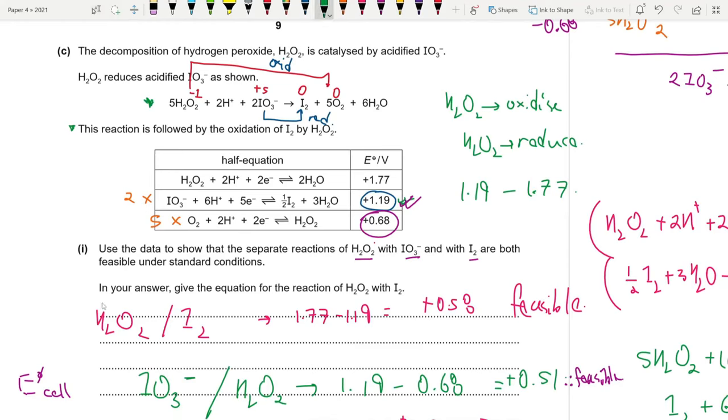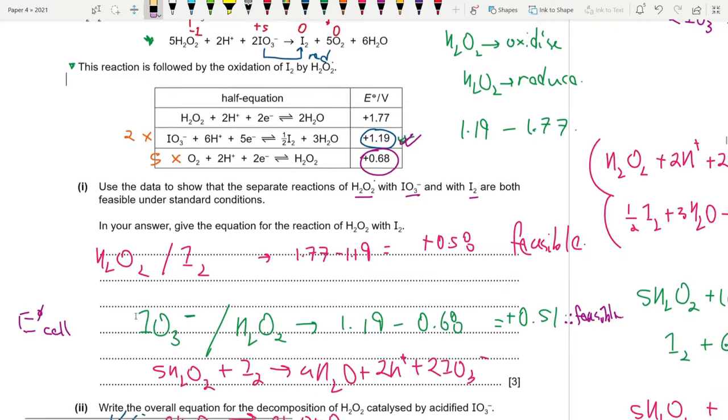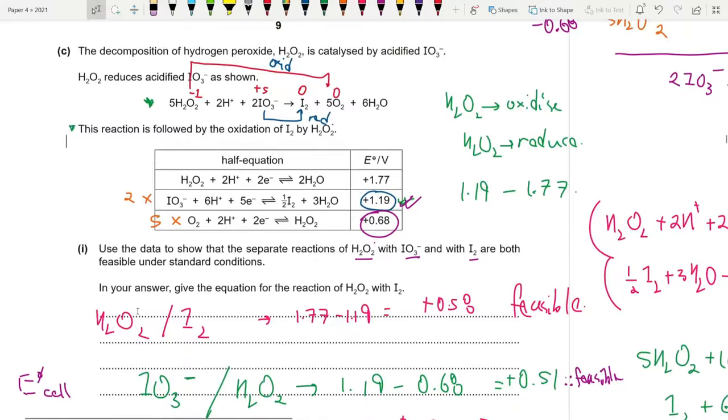So we have to use different equations now. Basically, we want to oxidize iodine to get iodate.